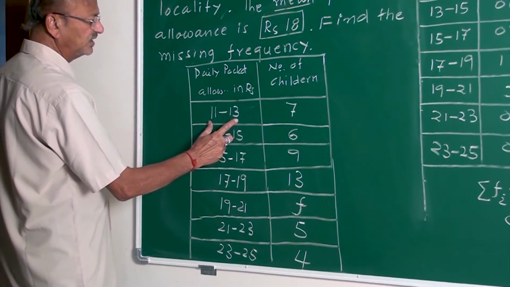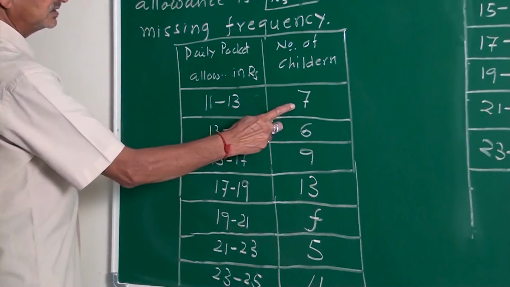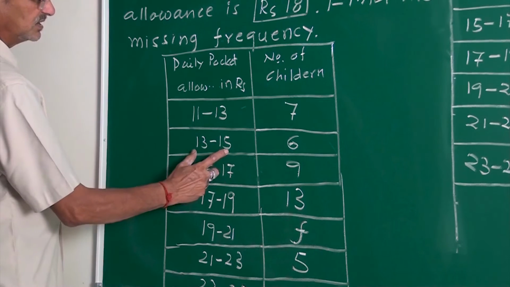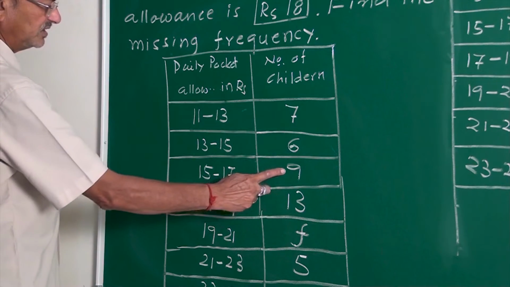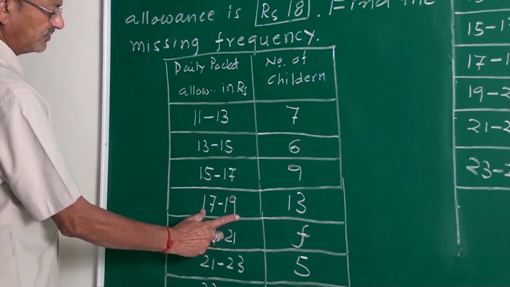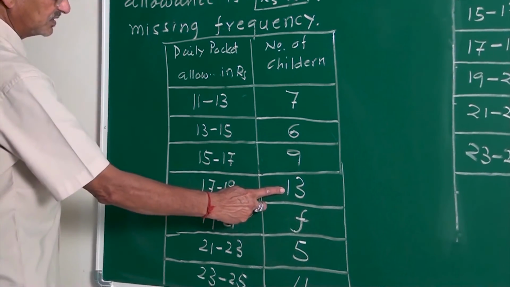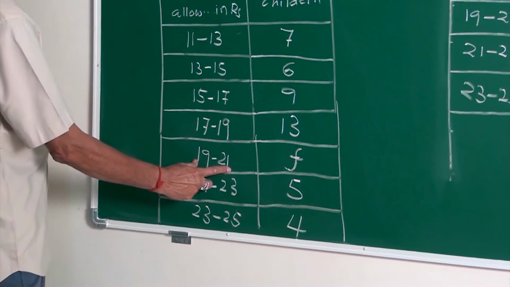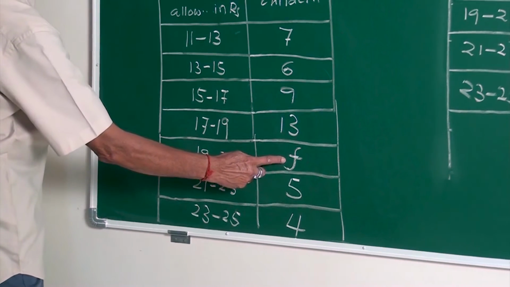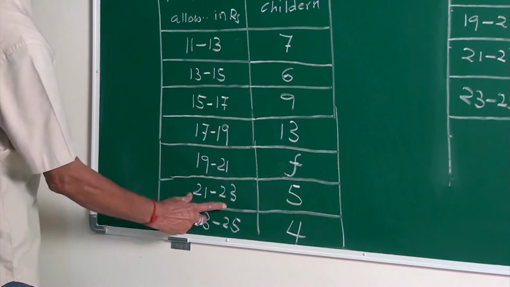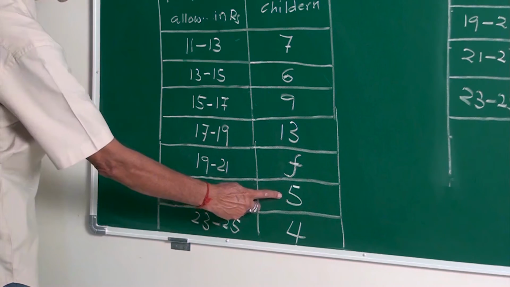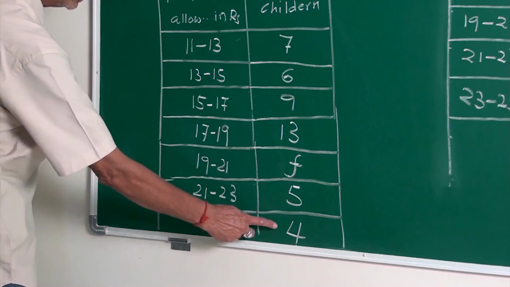In this interval 11 to 13, there are 7 children. 13 to 15, there are 6 children. 15 to 17, 9 children. 17 to 19, 13. 19 to 21, F. This missing frequency F we have to find. 21 to 23 is 5. 23 to 25 is 4.